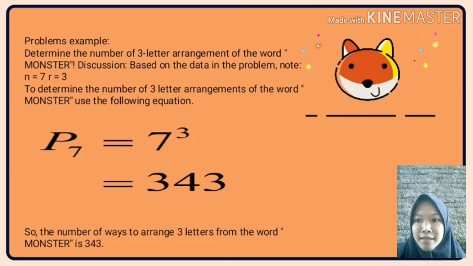To determine the number of three-letter arrangements of the word MONSTER, use the following equation. P7 equals 7 to the 3, or 7 cubed, equals 343. So the number of ways to arrange three letters from the word MONSTER is 343.